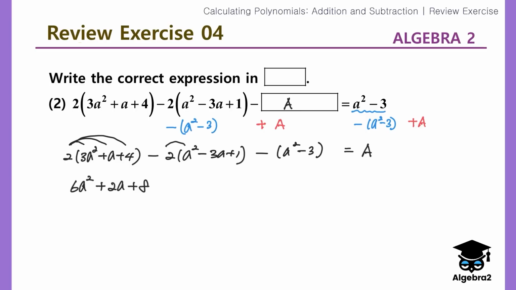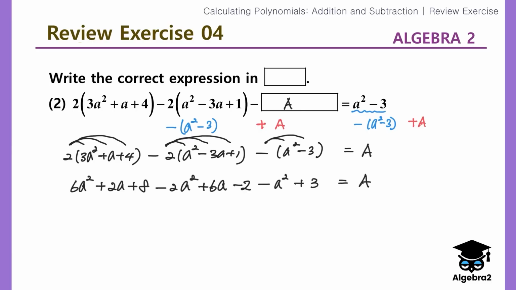Negative 2 times A squared, minus 2A squared, minus 2 times minus 3A, that's plus 6A. Minus 2 times plus 1, that's minus 2, minus A squared plus 3. That is equal to A.